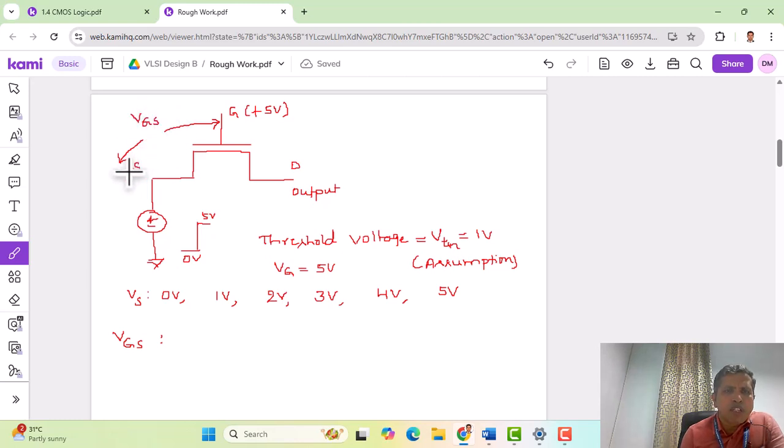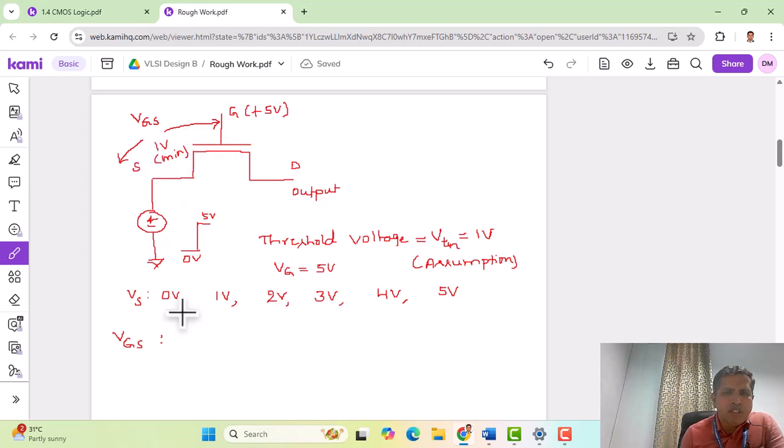The minimum voltage applied between the gate and source to turn on this transistor is the threshold voltage. A typical value of threshold voltage is 1 volt for the n-channel enhancement transistor. So at least 1 volt we need to apply here for this device to conduct. This is the minimum voltage to be applied for the device to conduct.